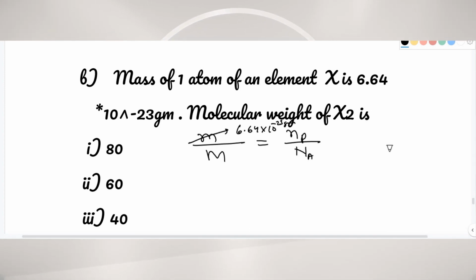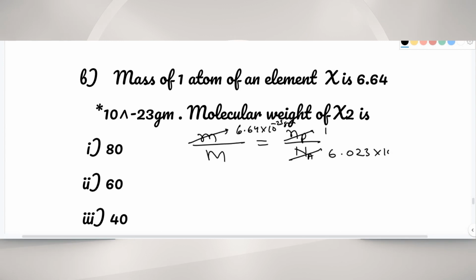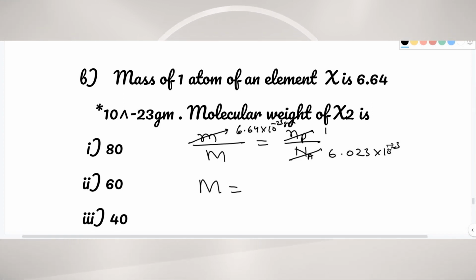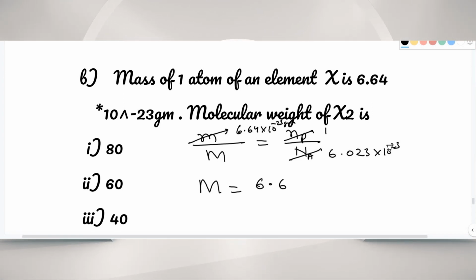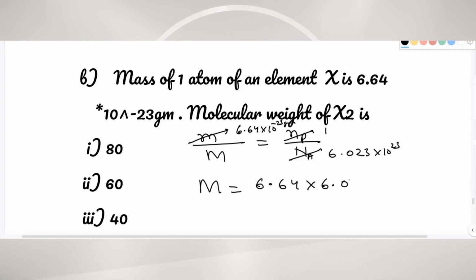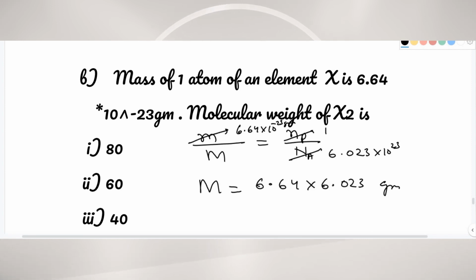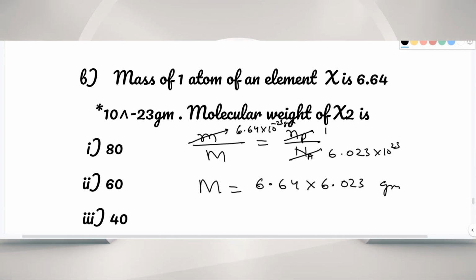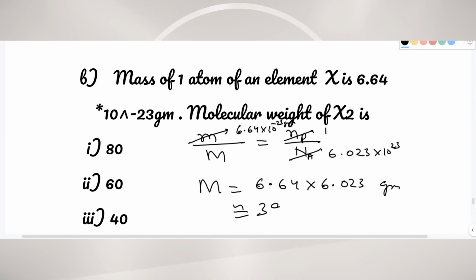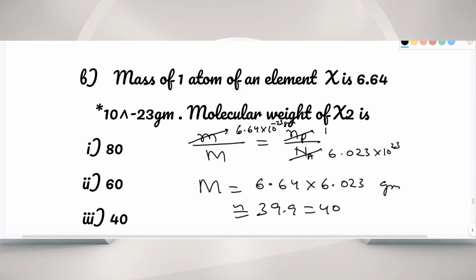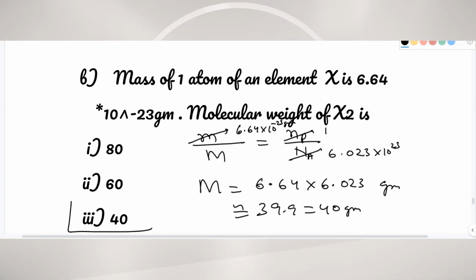Molar mass is our requirement. Number of particles is only one atom, and Avogadro number is 6.023 into 10 to the power 23. You have to just do a simple cross multiplication to get the molar mass. 10 to the power 23 and negative 23 will turn 0. So you have 6.64 into 6.023 grams. On calculating, you get approximately 39.9. You take it as 40 grams. So the answer is the third option.